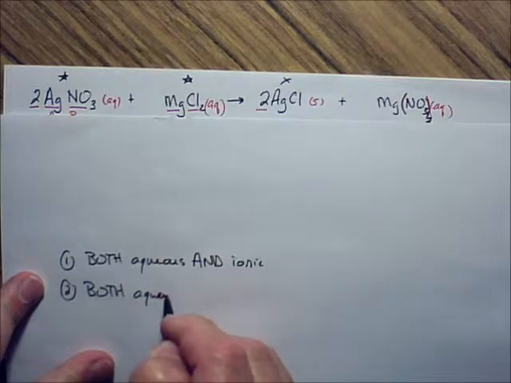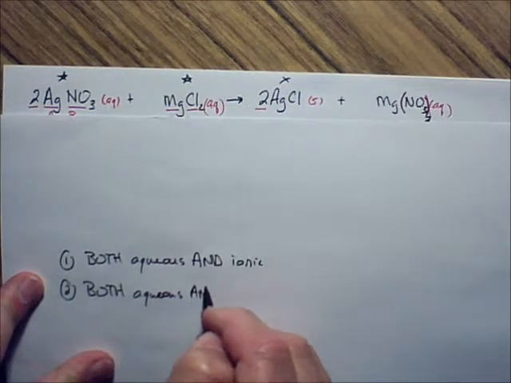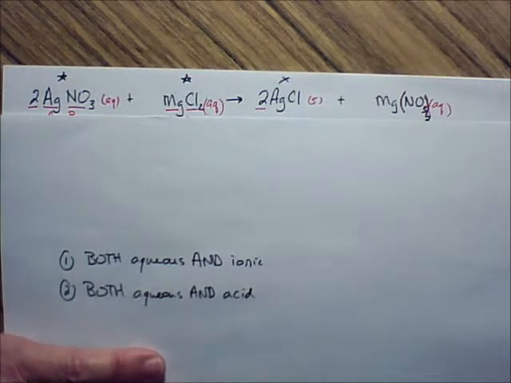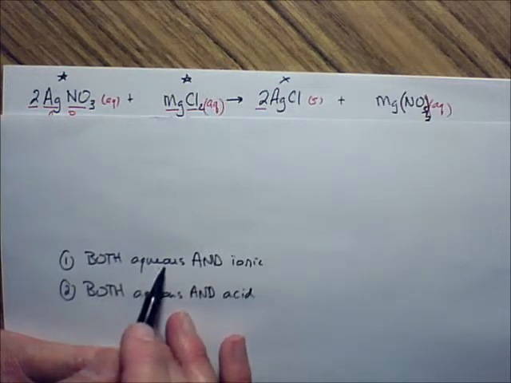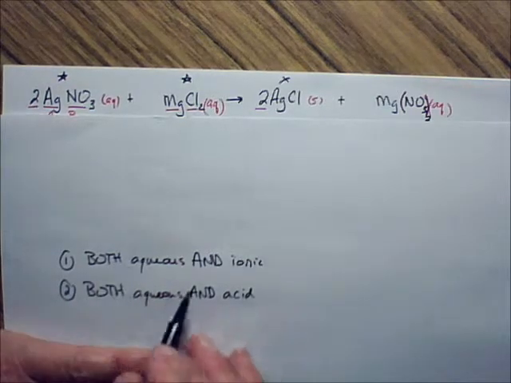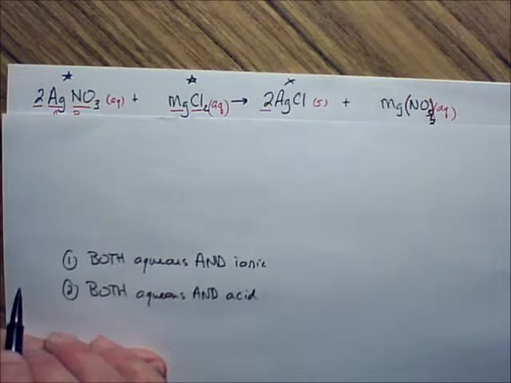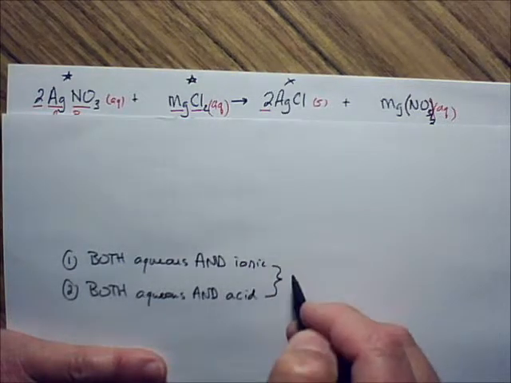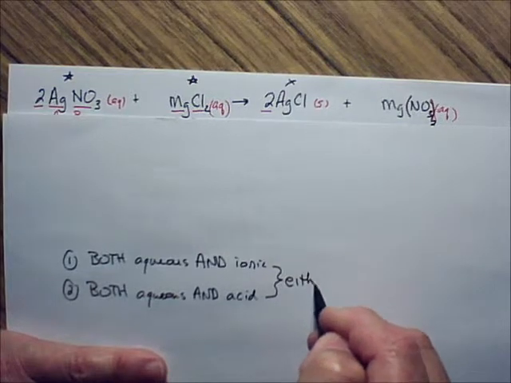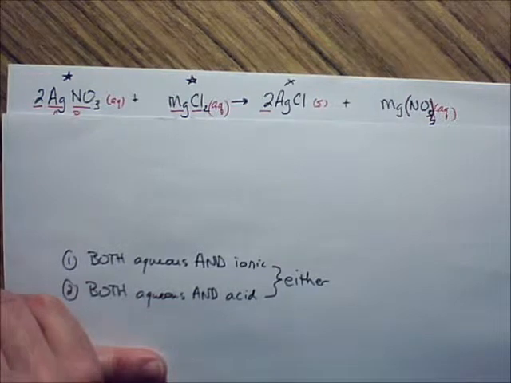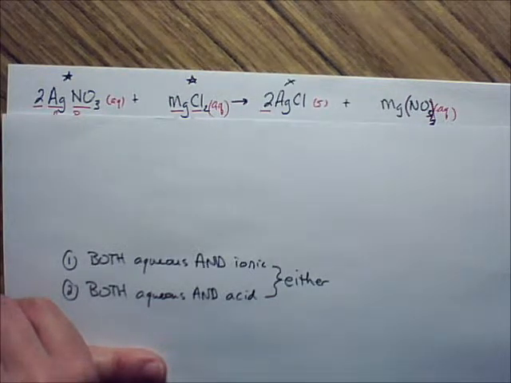They are, one, both aqueous and ionic, two types of compounds. Only two types of compounds break up when you write a complete ionic equation.